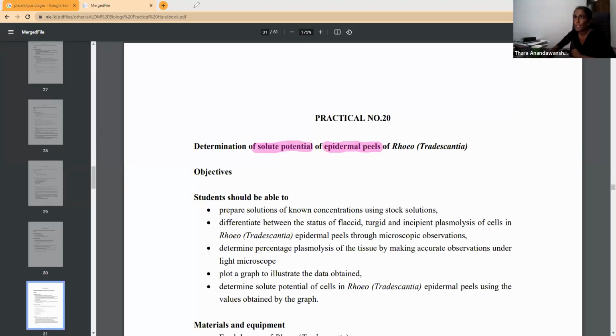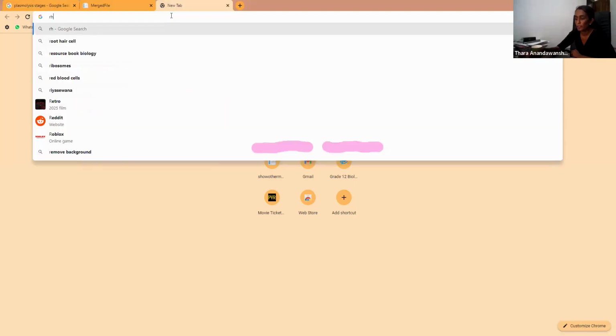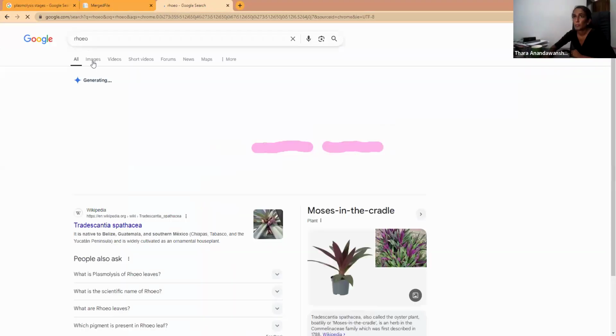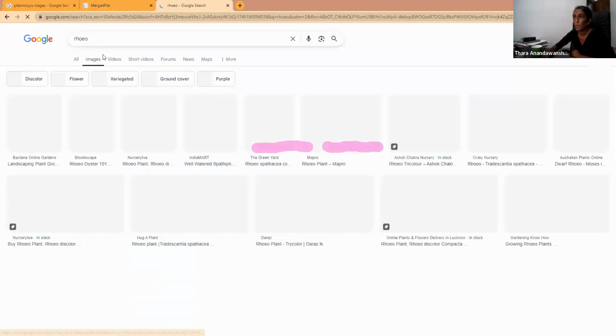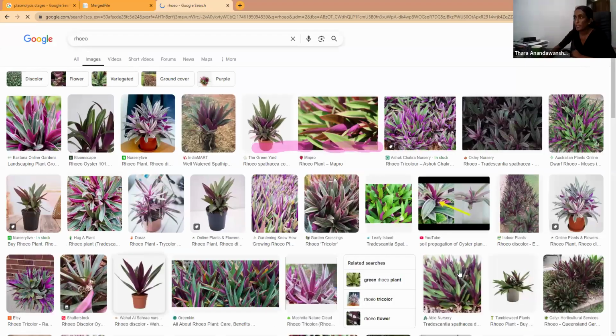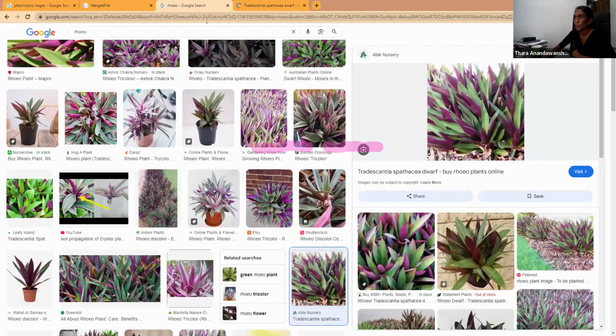So have you all seen Rhoeo? First of all, tell me that. You may have this in your home garden also. This is the plant we are using visually for our practical. Have you seen this one?